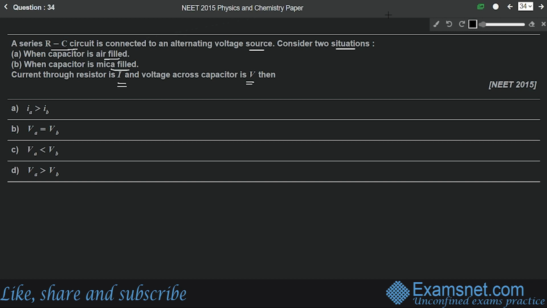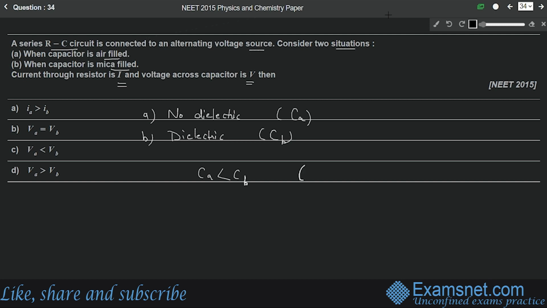Okay. So in the first case, the capacitor is air filled. That means in the first case, there is no dielectric, and let's assume that the capacitance in this case is Ca. In the second case, the capacitor is mica filled, that means in this case dielectric is present, and if the capacitance in this case is Cb, then we know that Ca will be less than Cb, because in the second case the capacitance will increase due to the introduction of the dielectric.